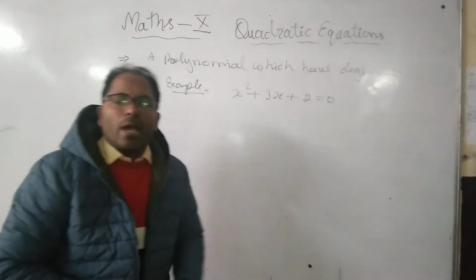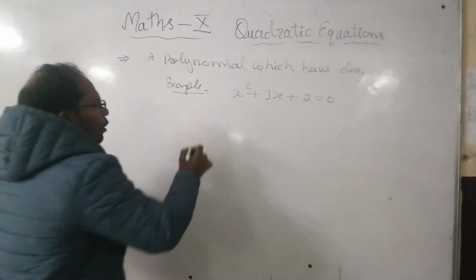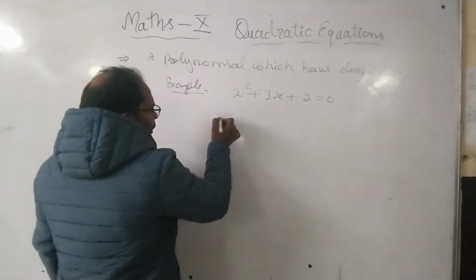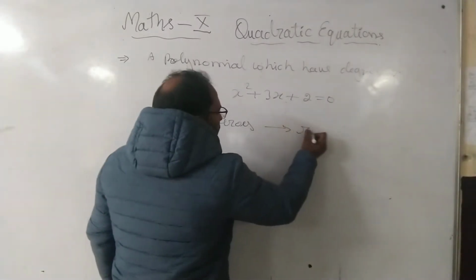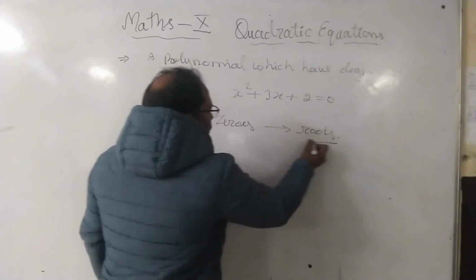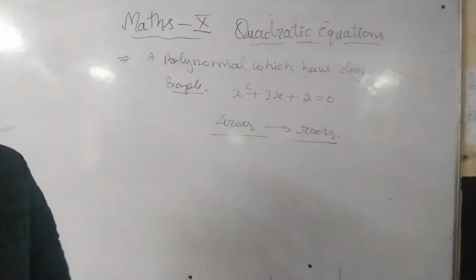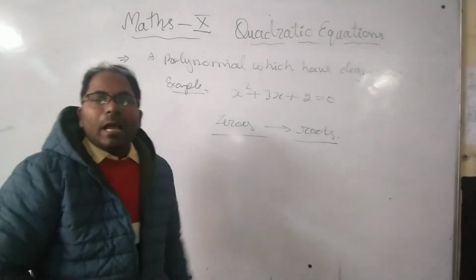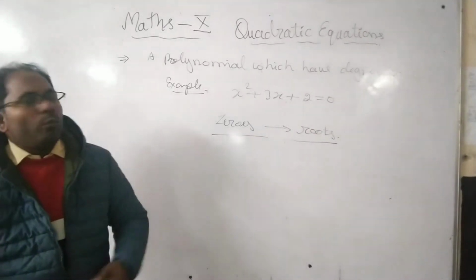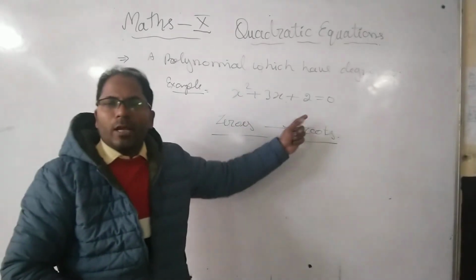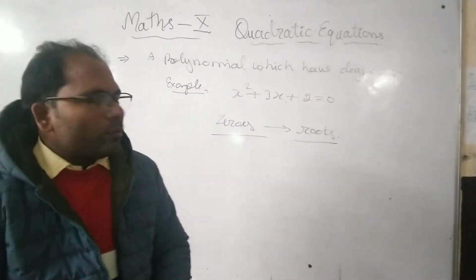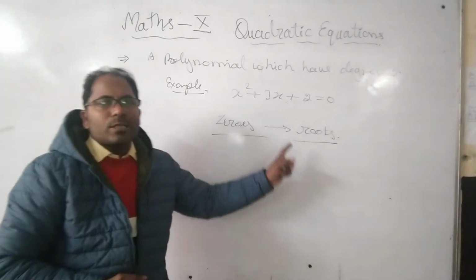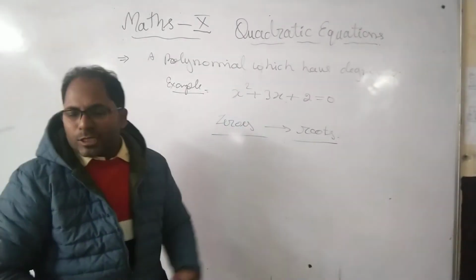But here in this chapter, zeros are in the form of roots. Zeros will be the roots. So we will find out the roots, and the roots of the equation will satisfy this quadratic equation. Whatever values of x there will be must satisfy this equation.